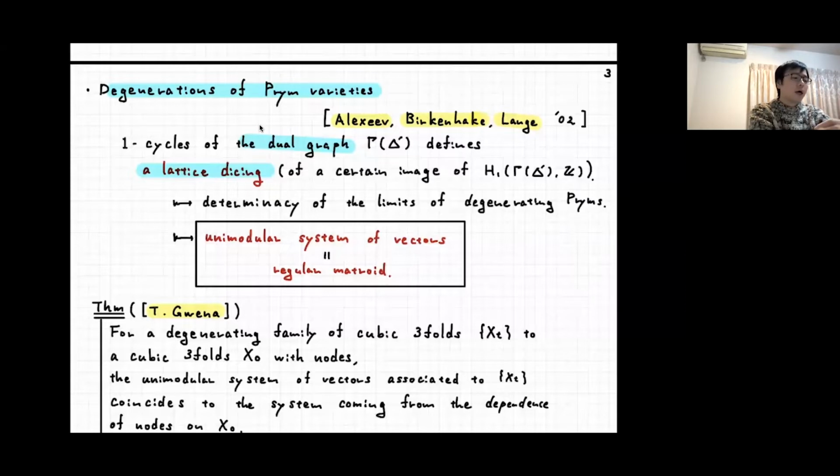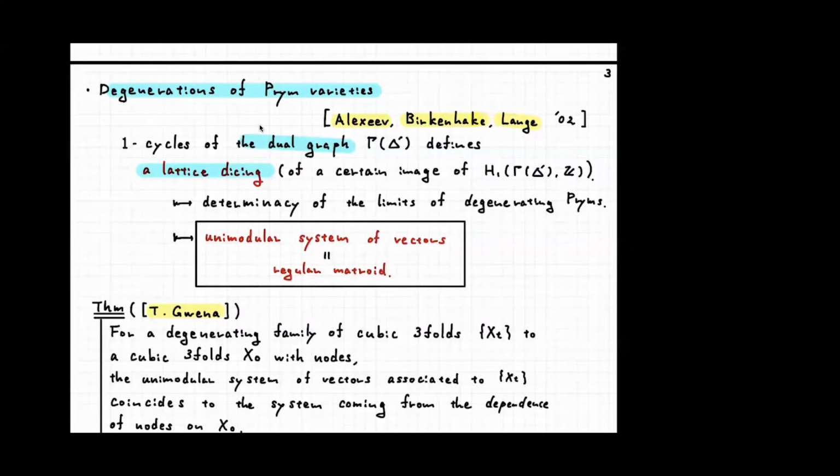Instead of the lattice dicing, we can also identify it as a unimodular system of vectors. This notion is also given by the regular matroid. A matroid is a kind of generalization of the notion of a basis in the column space of a matrix.